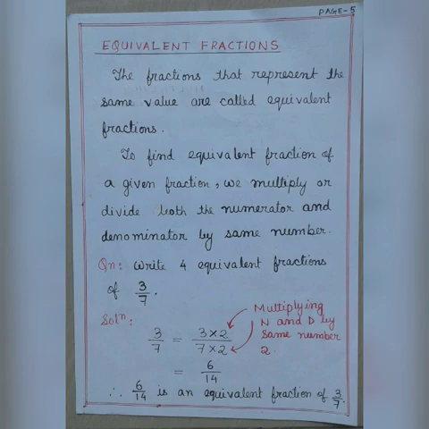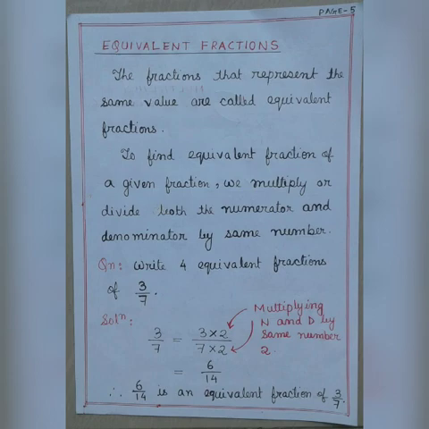3 by 7 is equal to 3 by 7. If we multiply both numerator and denominator by 2, the same number, we get its first equivalent fraction. So 3 into 2 is 6, 7 into 2 is 14.